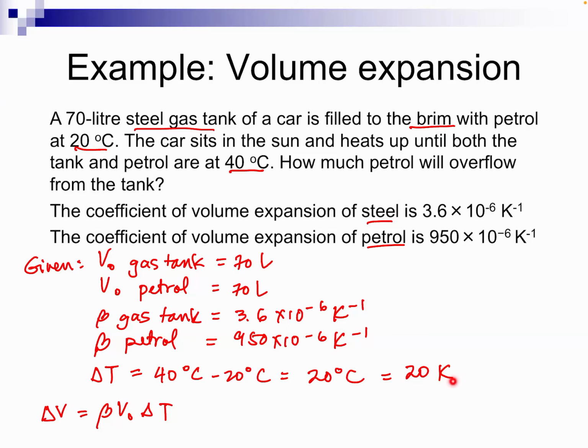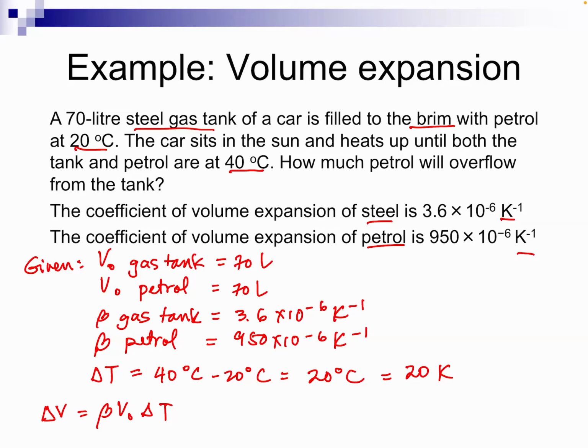If you're getting change in temperature or temperature difference, the Celsius scale is the same as the Kelvin scale. I converted to Kelvin because the coefficients are given in units of Kelvin to the -1. But if you didn't convert your delta T to Kelvin, you can be forgiven, because Celsius is equal to Kelvin when you're getting the temperature difference.